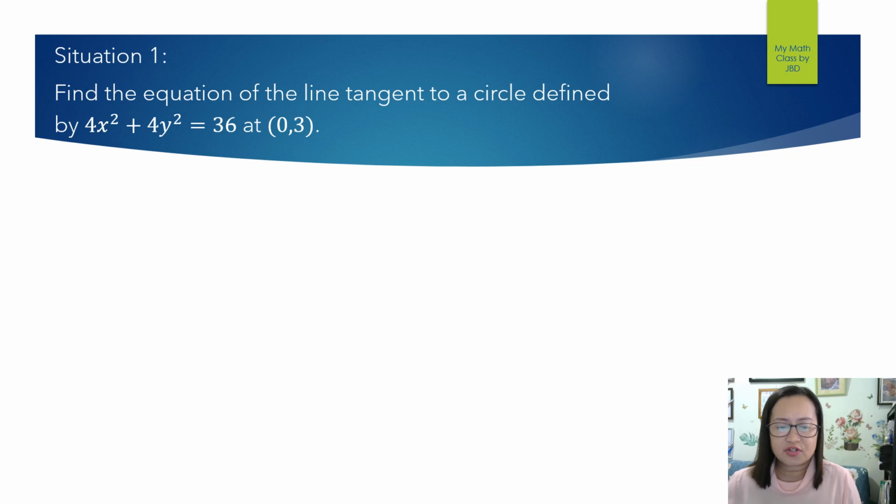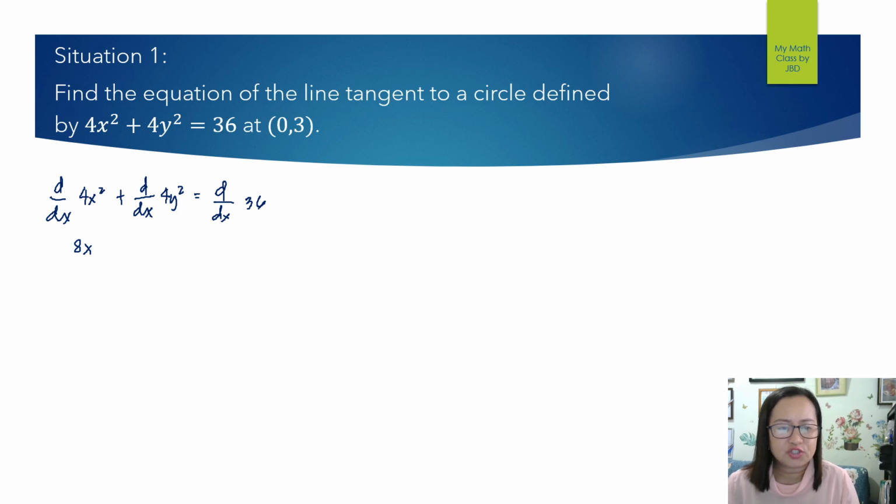We get the derivative of 4x squared plus 4y squared equals 36 by implicit differentiation. So we will have, now simplifying the first term, 8x.